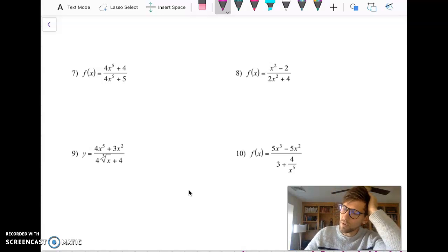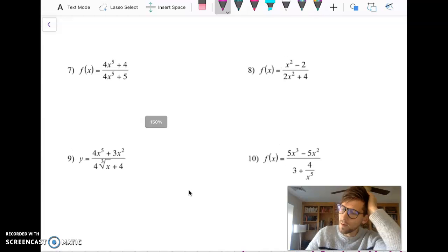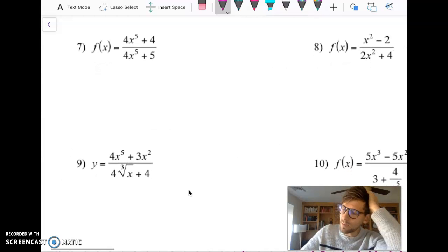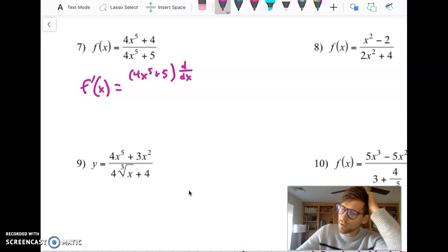Shall I try number 7 here? Alright, I've practiced these quite a bit, so I know it's just going to be low d high. Actually, just for sake of space, I'm just going to do the derivative.